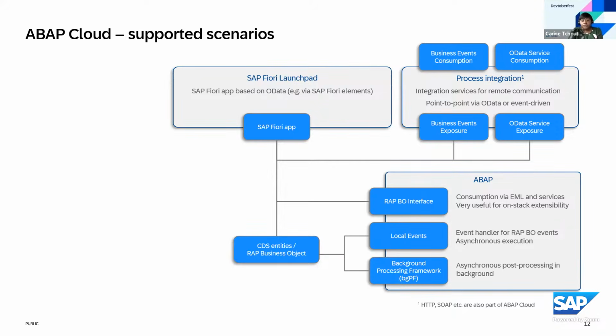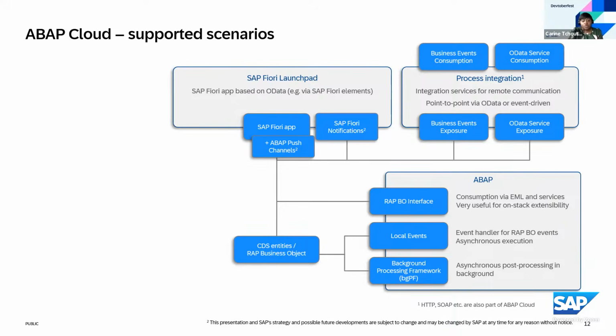So we have local events, and we have also a background processing framework, which gives us the possibility in an application now to also trigger asynchronous processing steps in the background. In the area of Fiori, of the Fiori Launchpad, we are planning also to integrate the ABAP push channels.